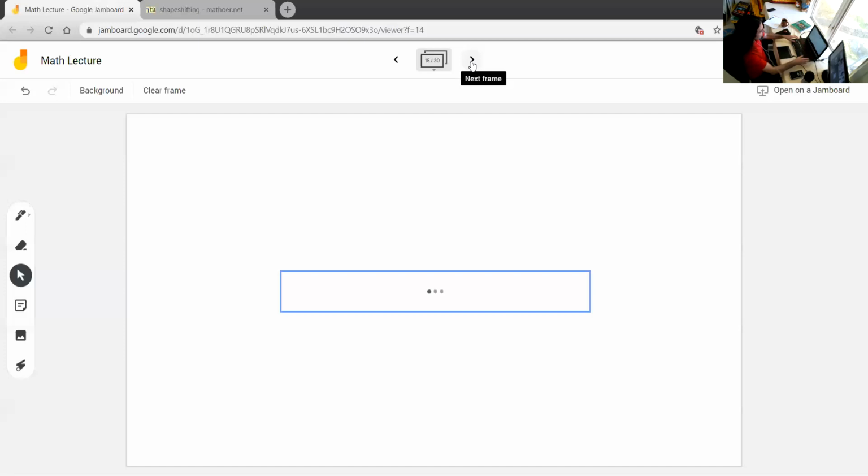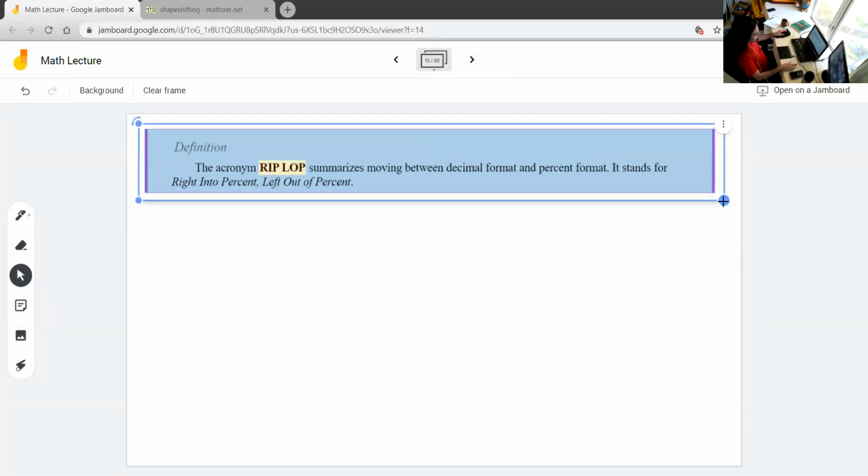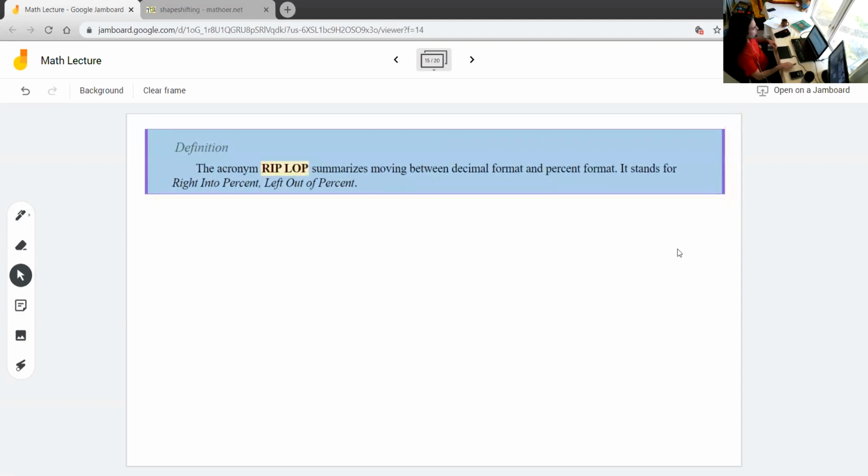So what we just did, we will use so often that we have a cute name for it. This goes back to a math teacher named Allison. I don't know where she got it from. So RipLop says that if we are moving into percent format, then I'm going to scoot twice to the right.